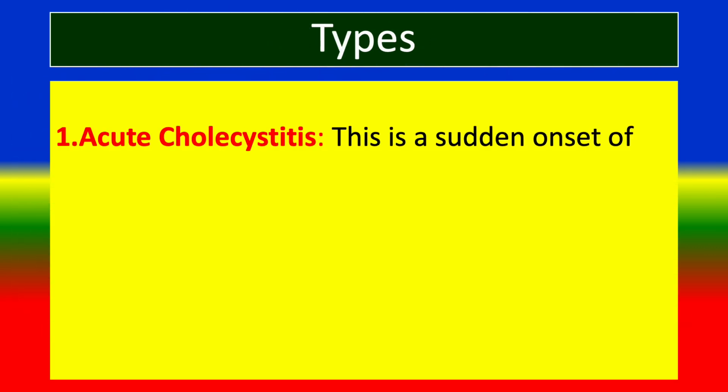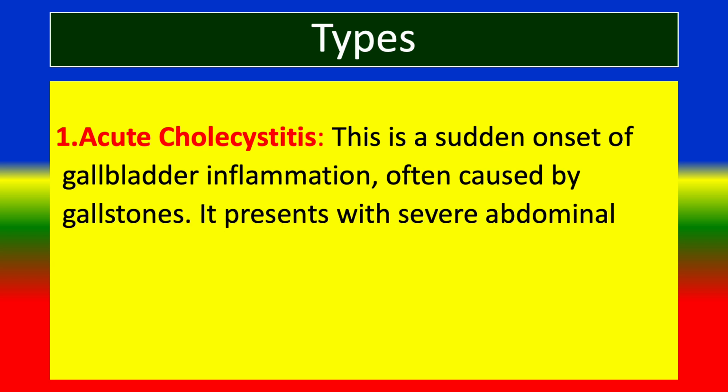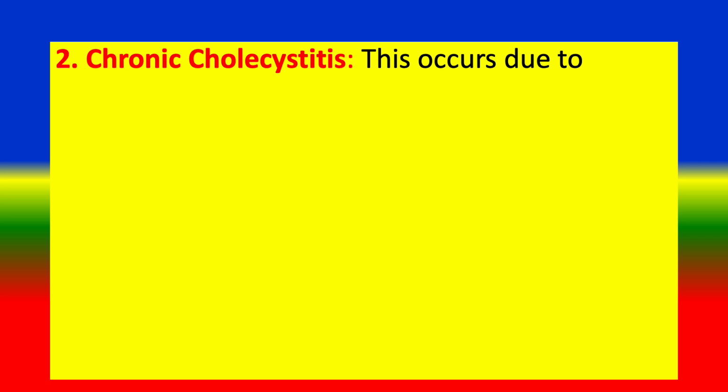Types. 1. Acute cholecystitis. This is sudden onset of gallbladder inflammation, often caused by gallstones. It presents with severe abdominal pain, fever, nausea. 2.